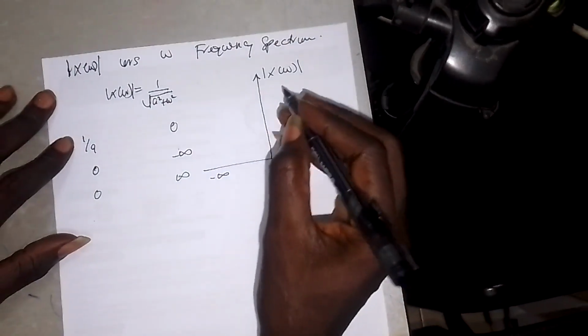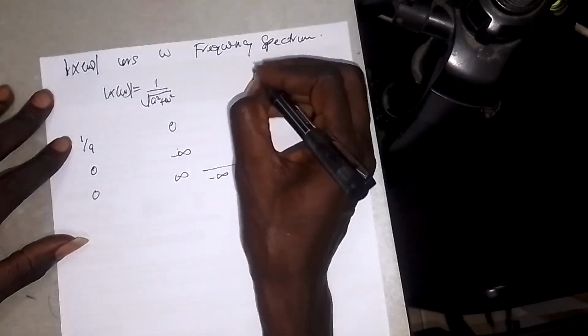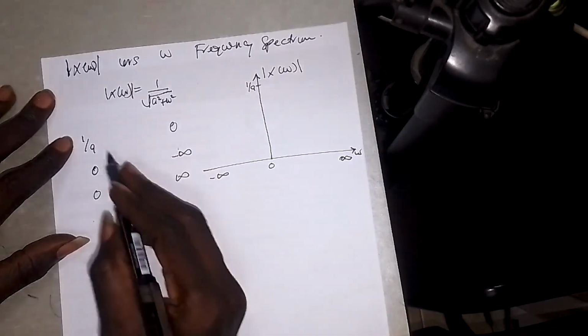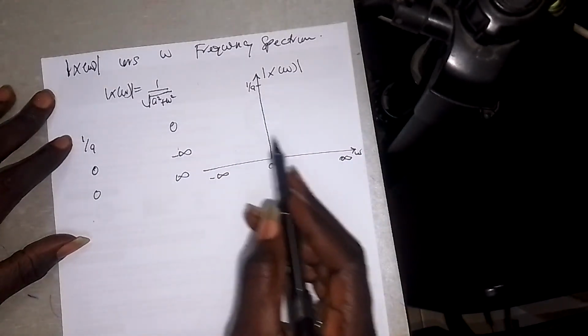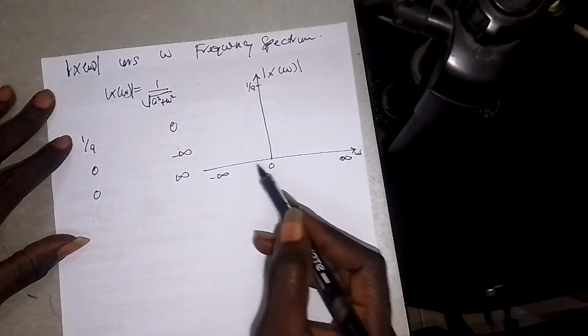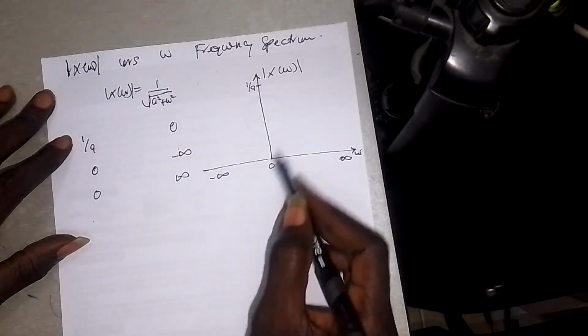Here the highest amplitude is going to be what? 1 over a. And then we have 0 and minus infinity, so minus infinity is here, 0 is here.